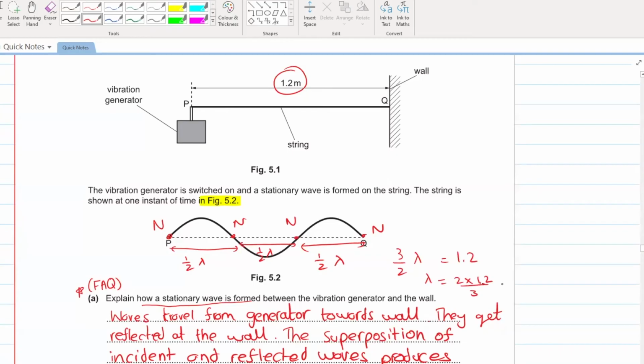This comes out to be what? 2.4 divided by 3, this equals 0.8. Lambda is equal to 0.8.